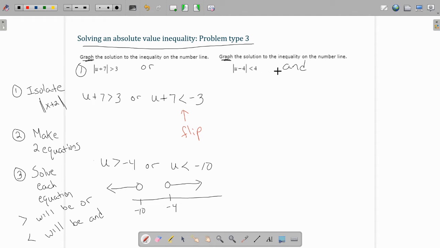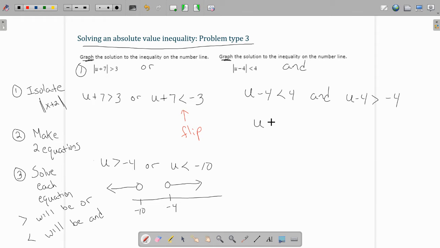Now, less than is an and problem. So we're going to make our 2 equations. Now, the second one, remember, we change the sign on the right to the opposite, so it'll be negative, and we have to flip the inequality.